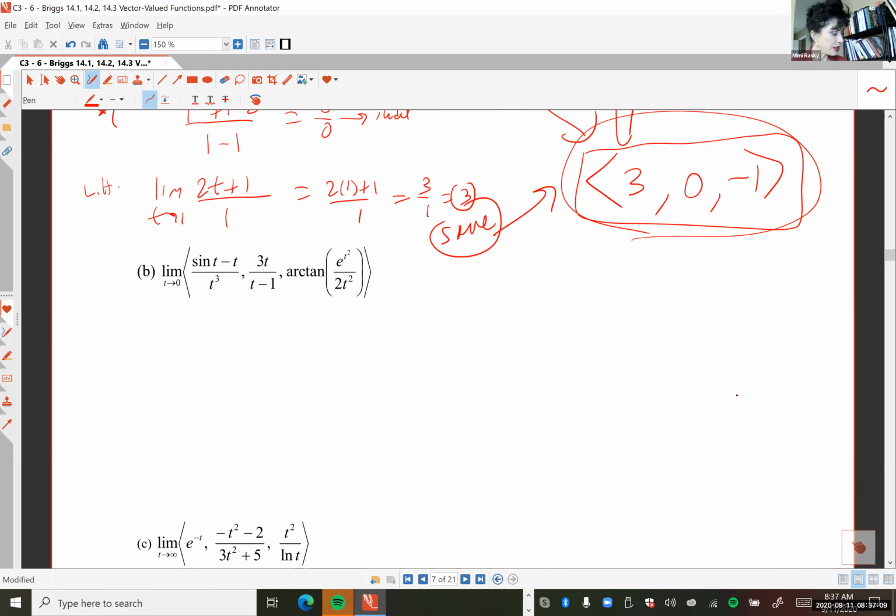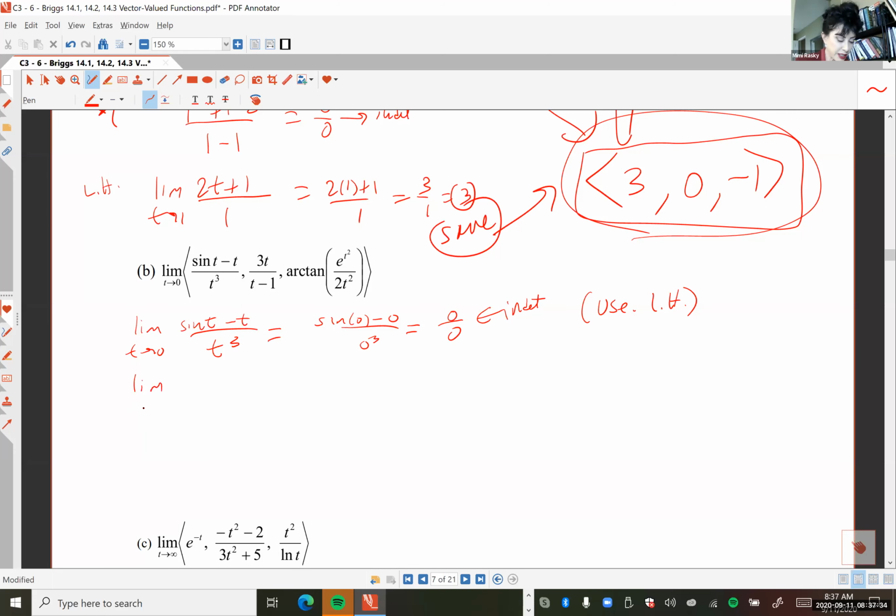So let's keep going. Letter B, what do we got here? Well, if we take the limit as time t goes to 0 of the first component, using direct substitution, I end up with 0 over 0, but that's indeterminate. It's the kind of indeterminate where you can straight away use L'Hopital's. I call L'Hopital's LH for short.